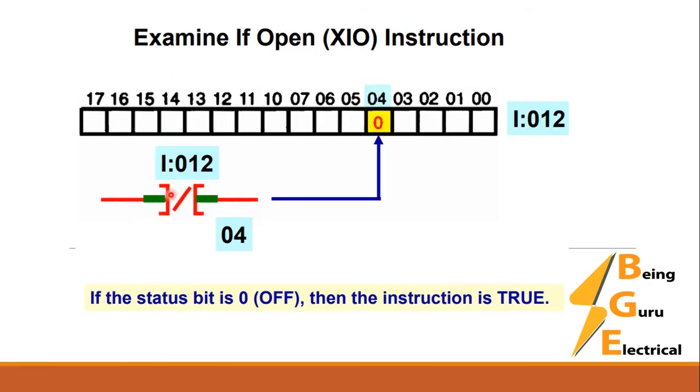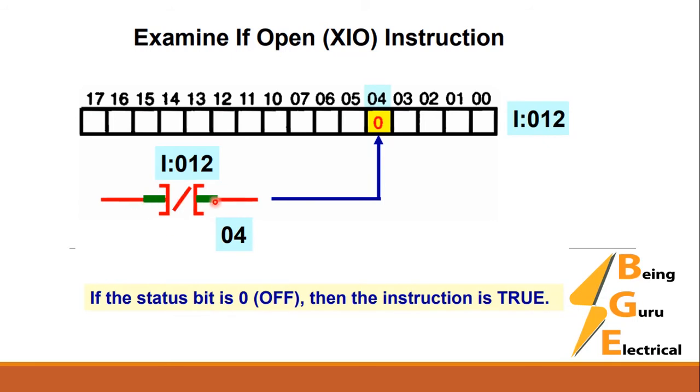Now see here, the examine if open instruction. We have I colon 12, bit number 4, representing the input data of this contact. If this status bit is 0, what will happen?